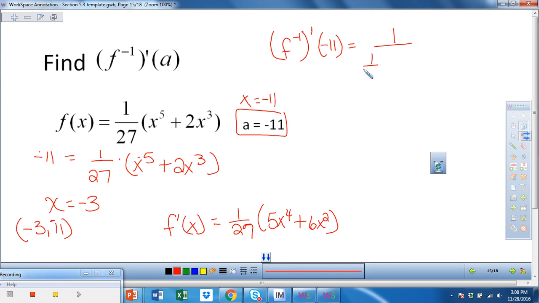So that's 1 over 27, 5 times -3 to the 4th plus 6 times -3 squared. And I think that gives you 1 over 17. That's the derivative of the inverse.